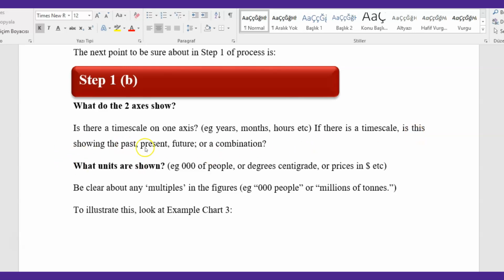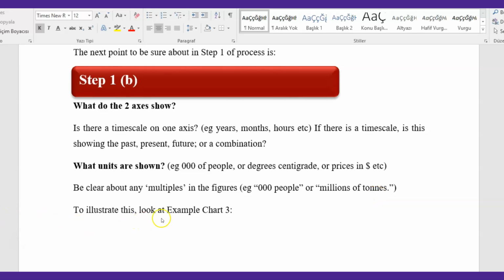Is this showing the past, present, future, or a combination? This is important. What units are shown? For example, thousands of people, degrees centigrade, or prices in dollars. Be clear about any multiples in the figures, thousands of people or millions of tons.